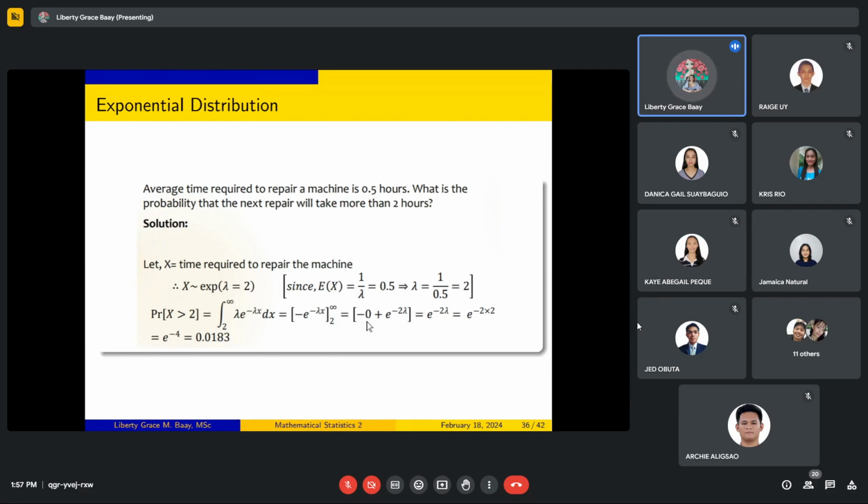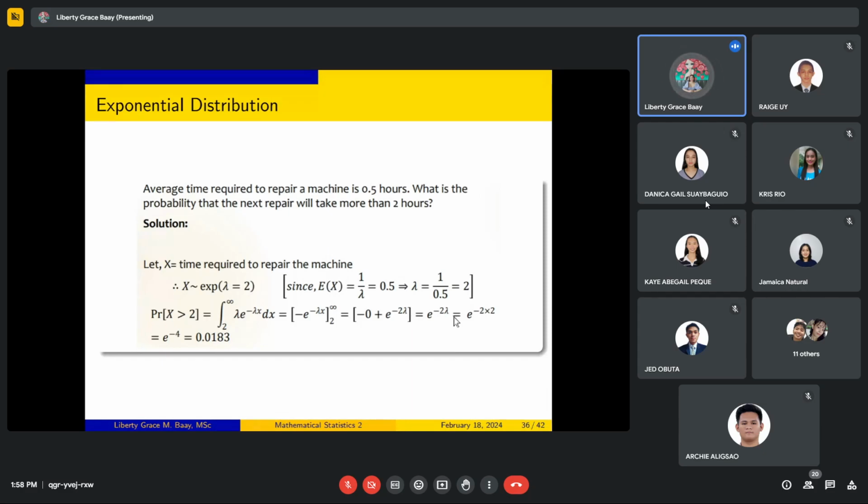Calculating, we have negative e to the negative lambda x evaluated up to infinity. Substitute infinity for x, so that is equal to negative 0. Then plus e to the negative 2 times lambda, when you substitute 2 for x. When x is infinity, that is equal to 0, and when x is equal to 2, this is e to the negative 2 lambda.